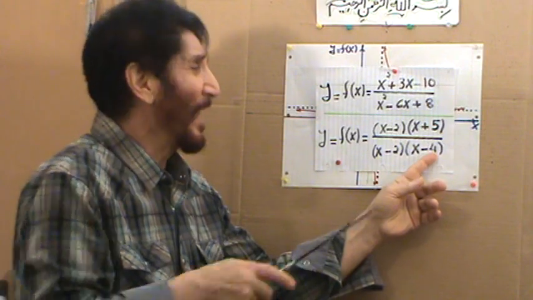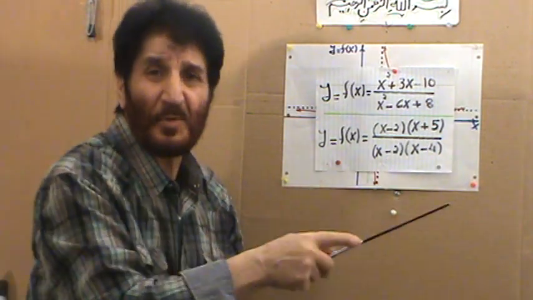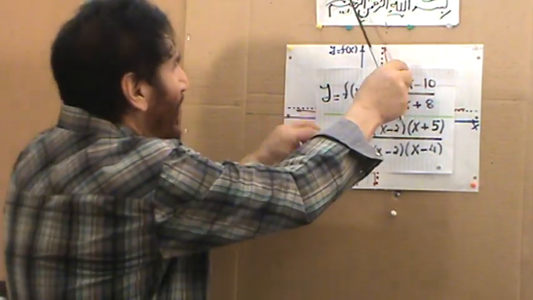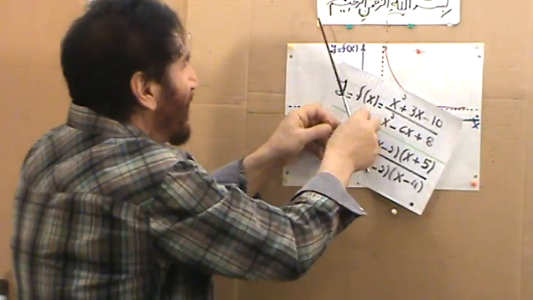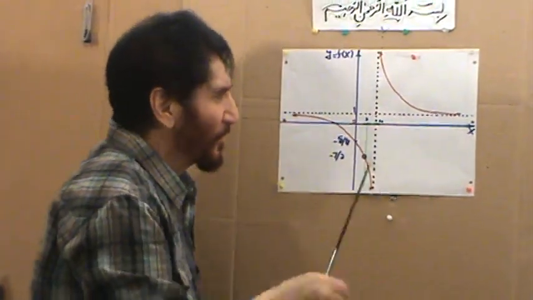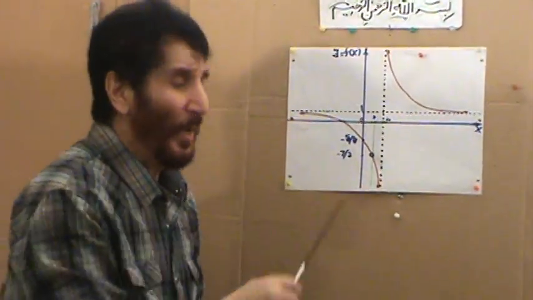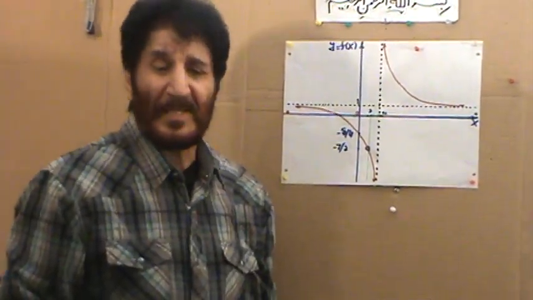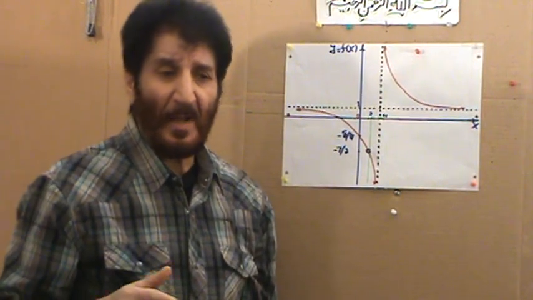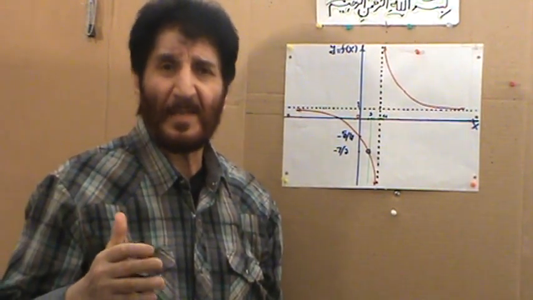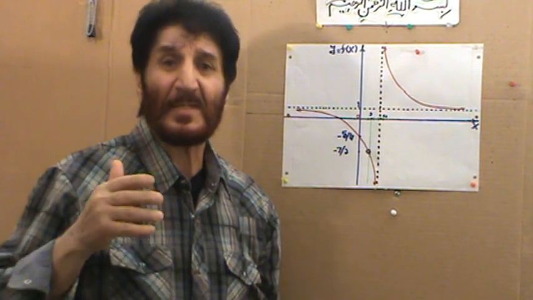You follow me? And so we know that the function will approach 1. So that will be the complete graph of the function as x approaches infinity from the right.